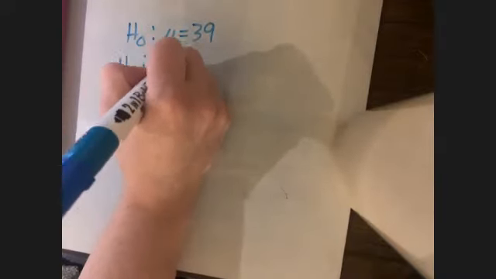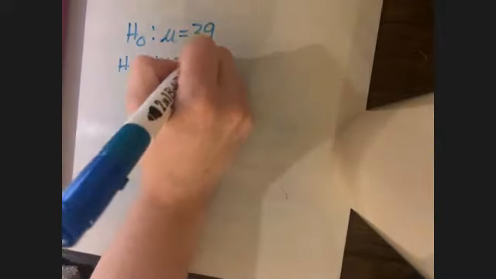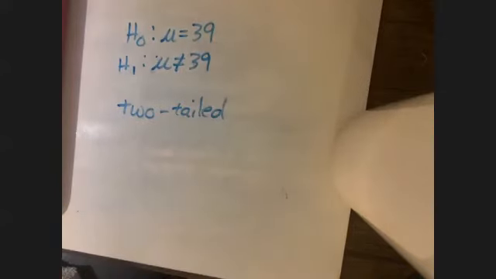They state that H1 is that mu is not equal to 39. Guys, as soon as we see this not equals, that automatically means two-tailed. Not equals means two-tailed, because I don't know whether it's above or below.